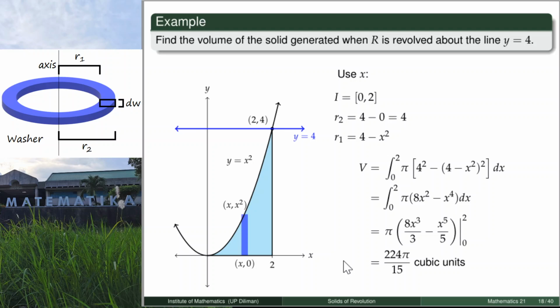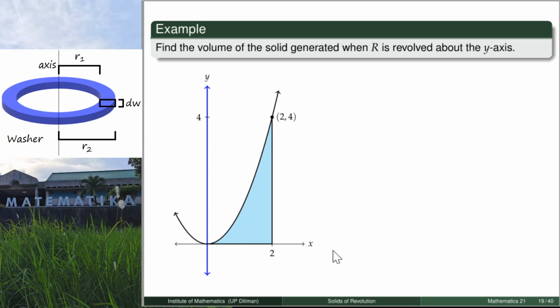Okay? So let's now go to different axis but same region. Again, what are we going to use? So since the axis is vertical, so this time the axis is the y-axis.